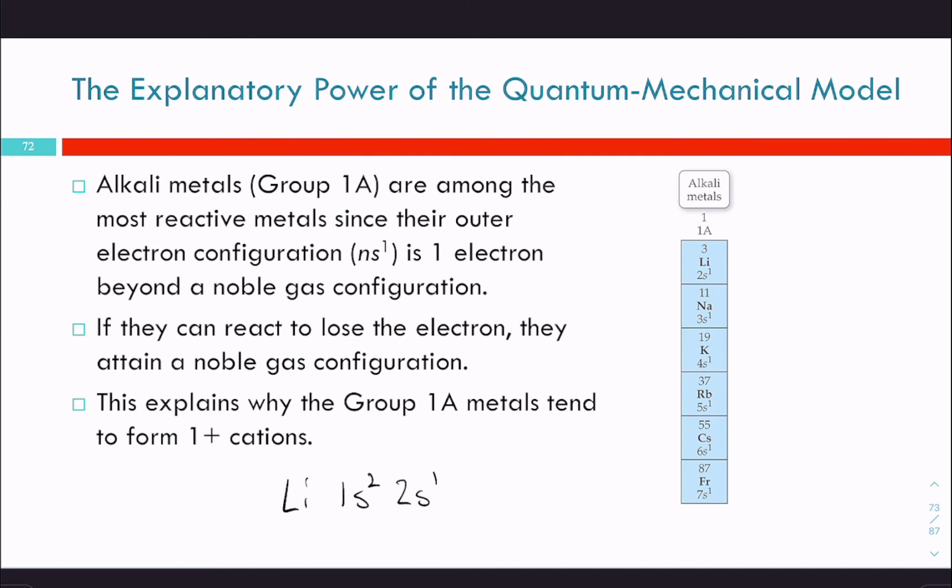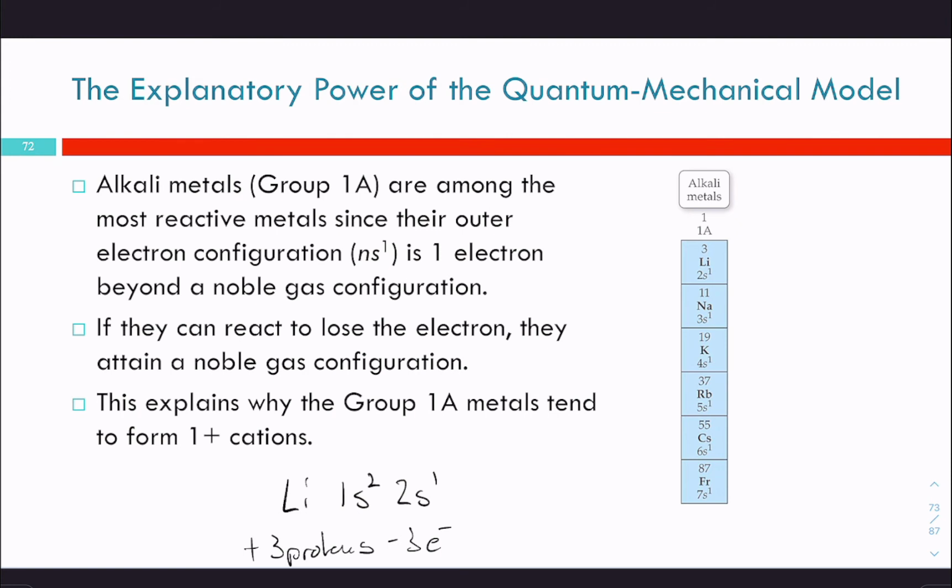And it's also why they form +1 charges. Remember for lithium we have 3 protons. With this electron configuration we have 3 electrons. Protons are positive, electrons are negative, so when you have the same number of each, 0 charge.